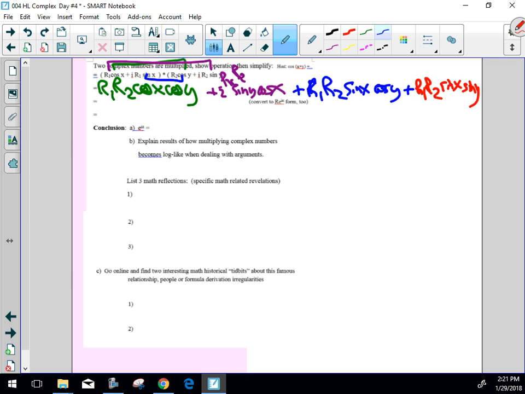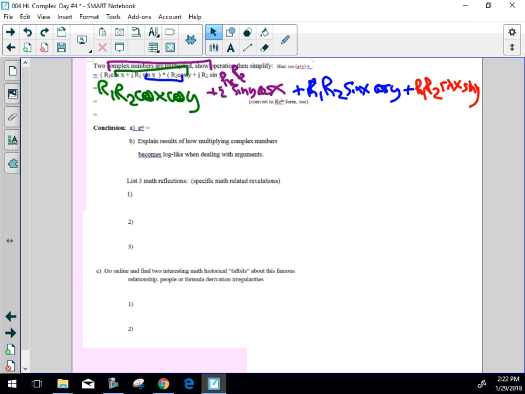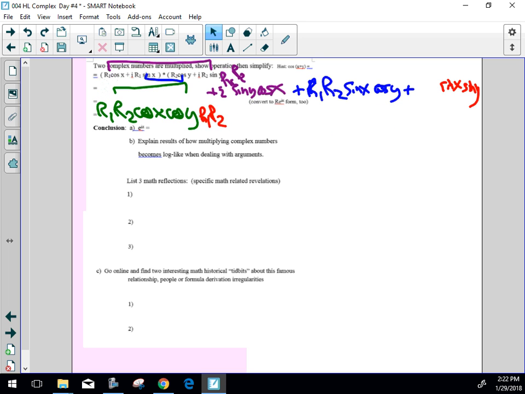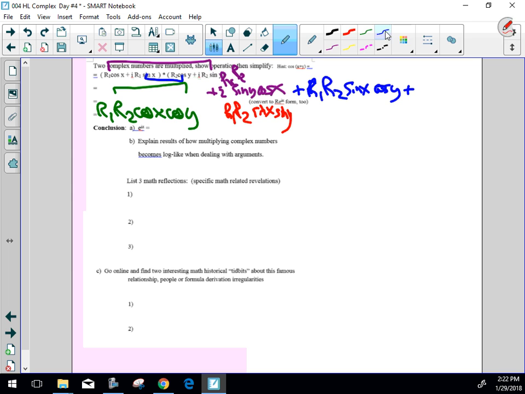Stare at that. Which of those colors do you want to put together? I like the green and red. Let's do it. Put the green and the red together. And that is plus. Good.